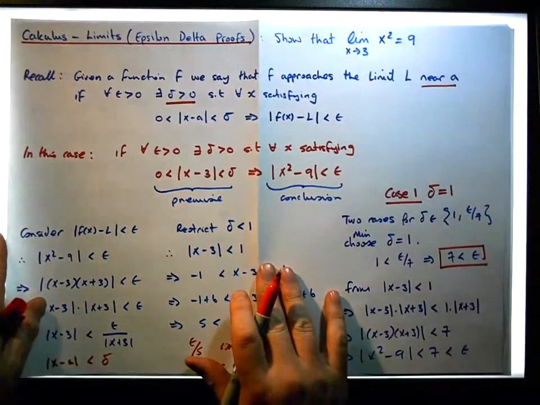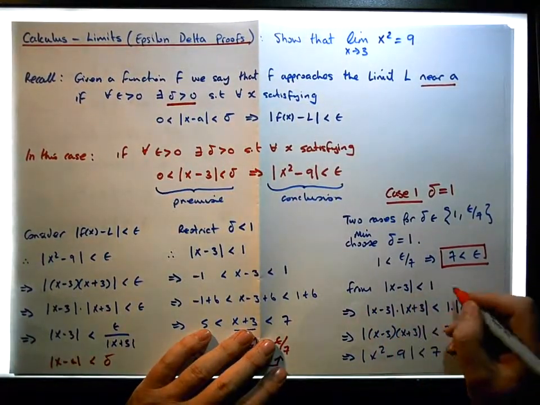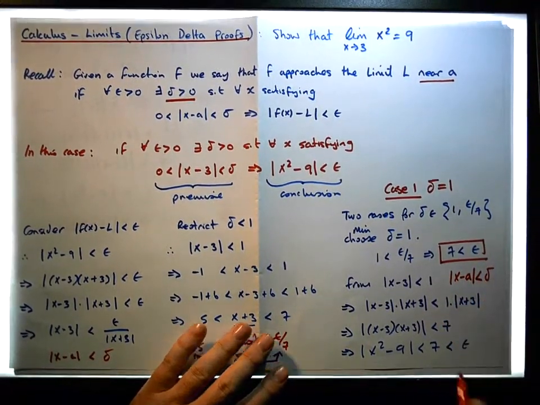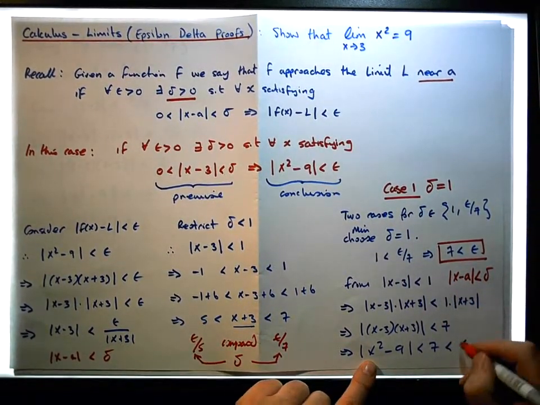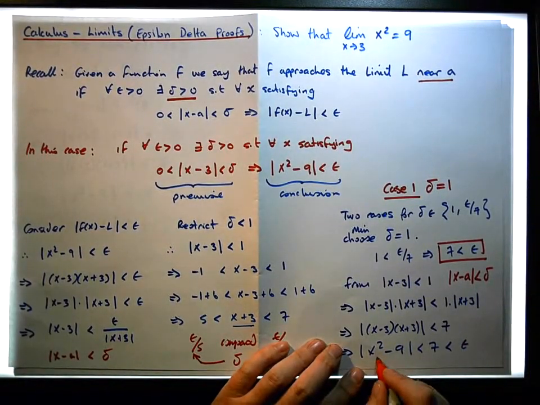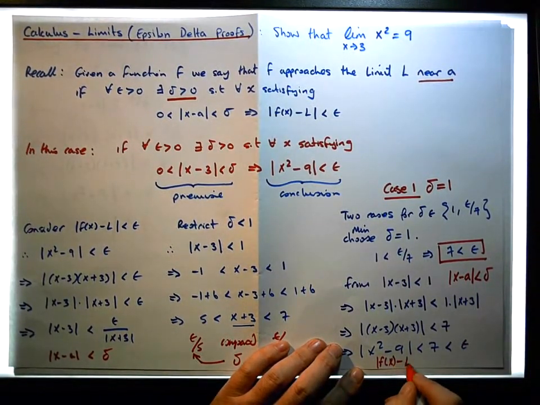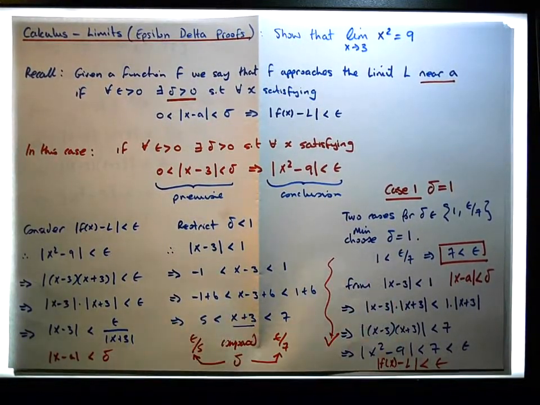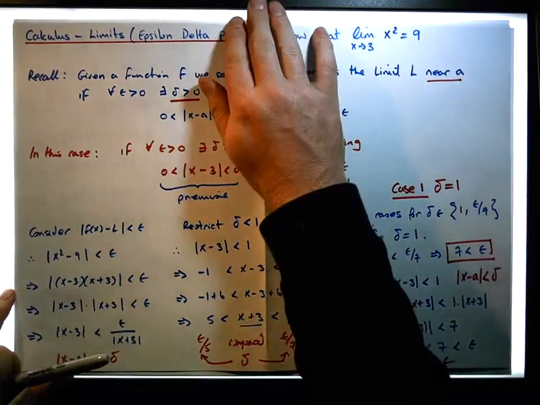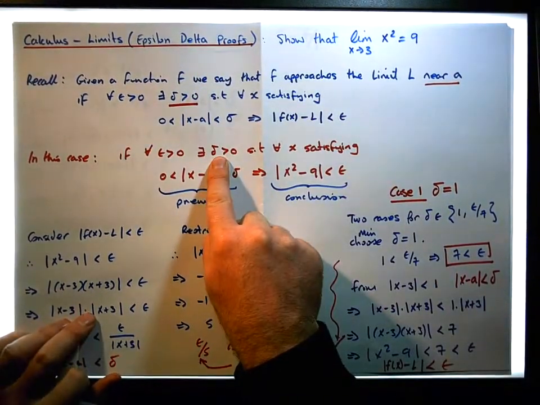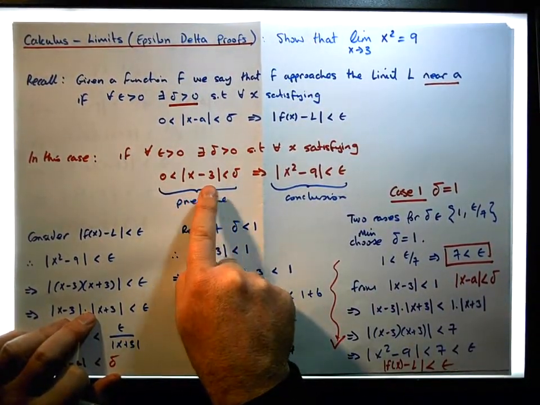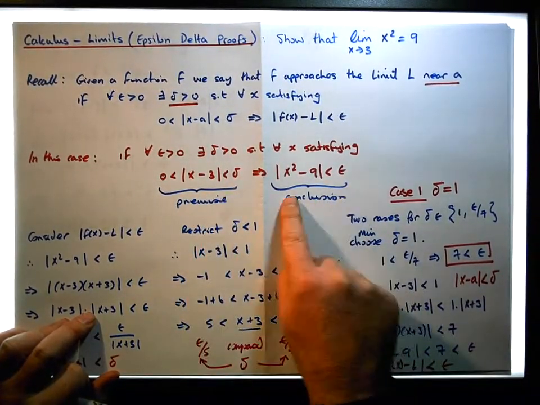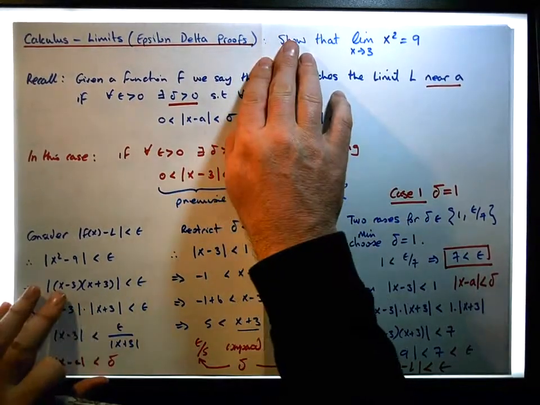And in relation to case 1, once again we started off with |x - a| less than delta, and we ended up with |f(x) - L| less than epsilon. So we've proved it for both cases, which is effectively what we had to do: once we found the delta, we need to infer this conclusion from this particular premise, which is exactly what we've done in both cases.